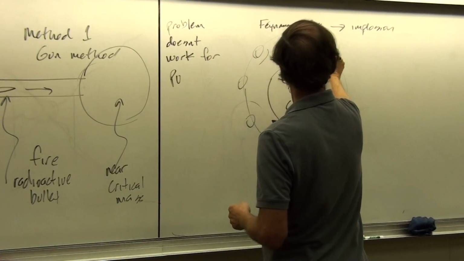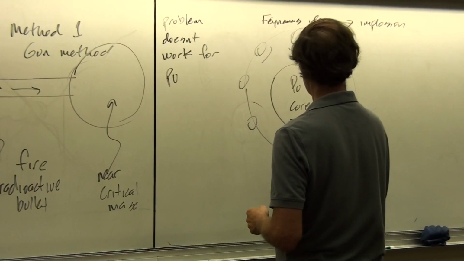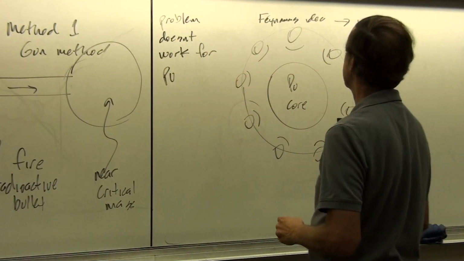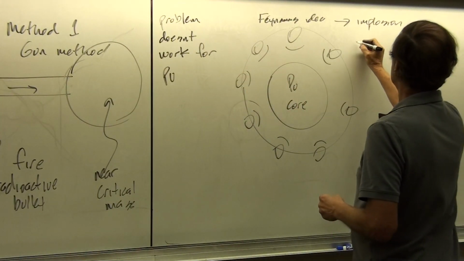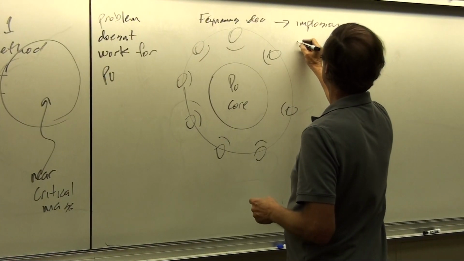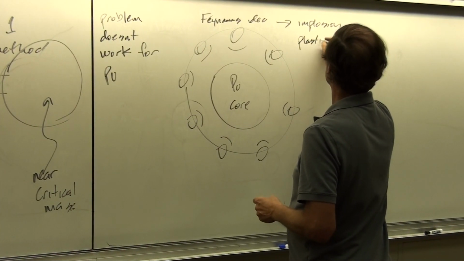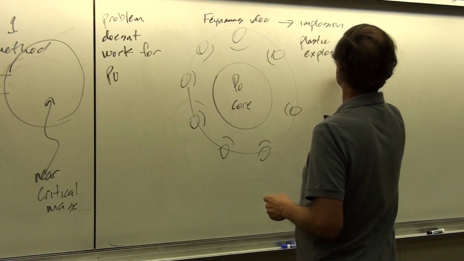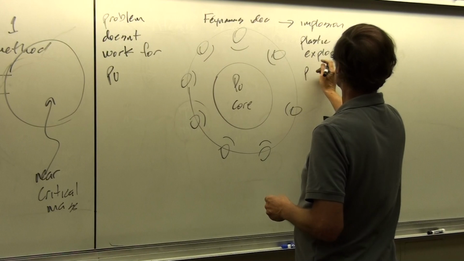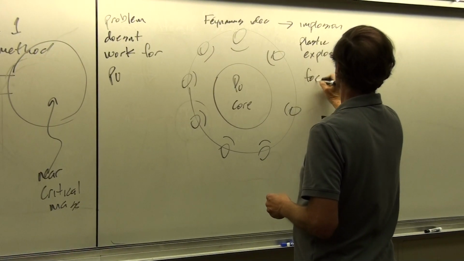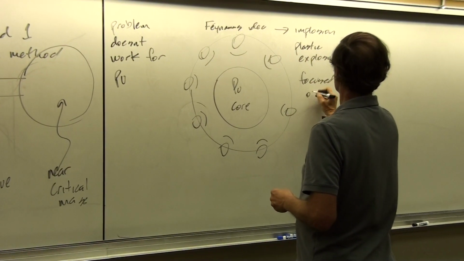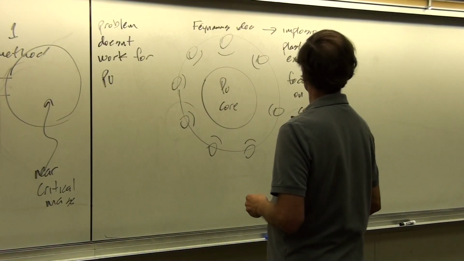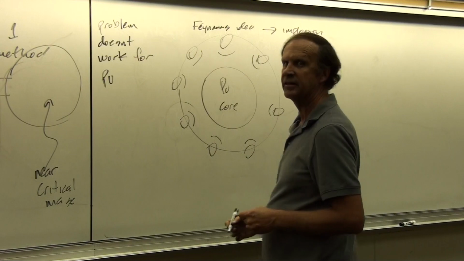So the idea then is that these explosives could be focused in such a way as to push down on the plutonium core.